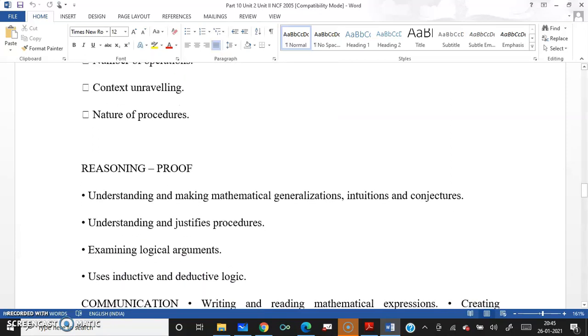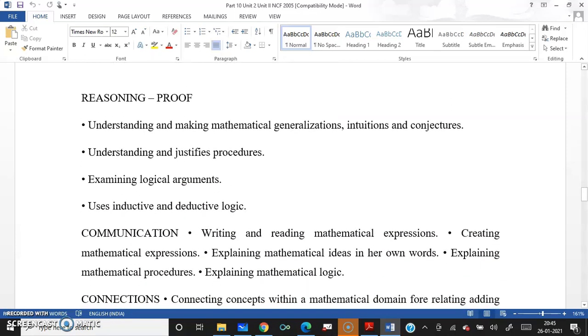Then reasoning and proof. When you reason the proof, what is there? Understanding and making mathematical generalizations, intuitions and conjectures. What intuitions am I using? What conjectures am I using? What generalizations am I using? Then understanding and justifying procedures. I'm giving some procedure; first I should understand it and be in a position to justify why I'm using it.